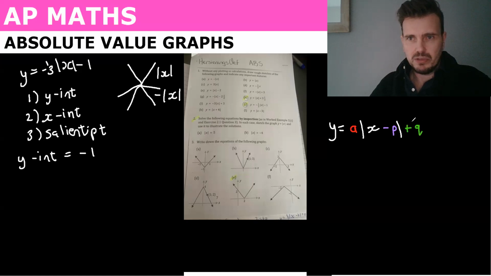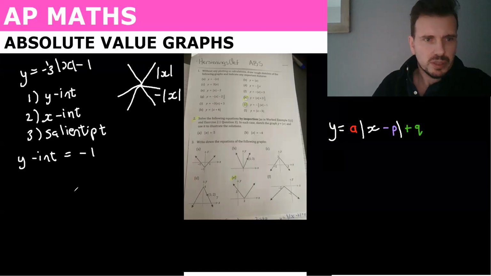Q shifts it up and down, and P, if it's negative, shifts it forward, and if it's positive, it shifts it backwards. If we don't find x-intercepts, we still need to find the salient point.